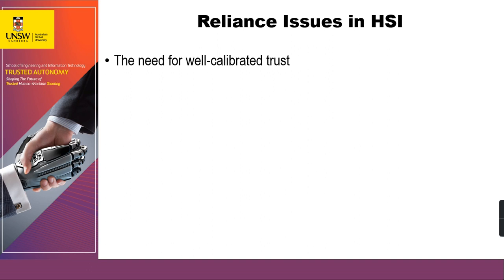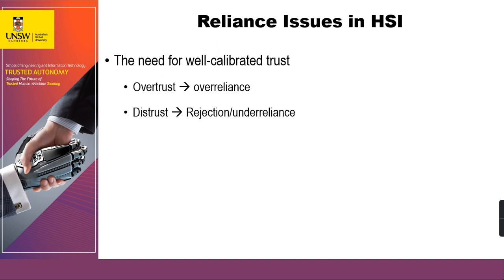Well-calibrated trust was shown to be necessary for the success of human-machine interactions. Both overtrust and distrust should be avoided. Overtrust causes over-reliance on automation, which means that a human would accept its automation actions without double-checking them, although some of these actions could be erroneous.